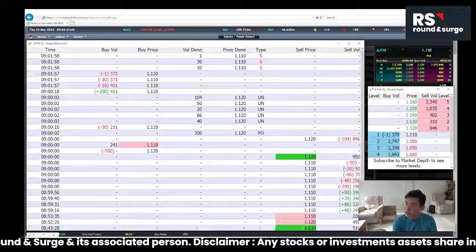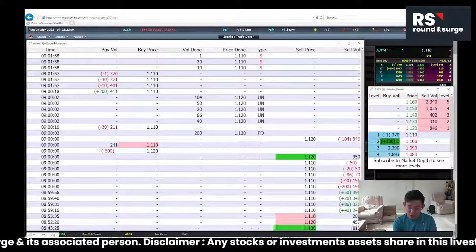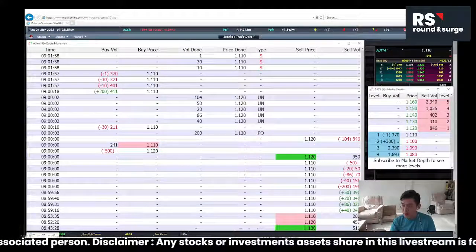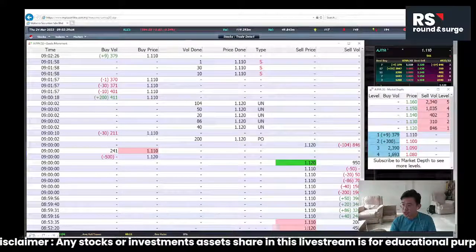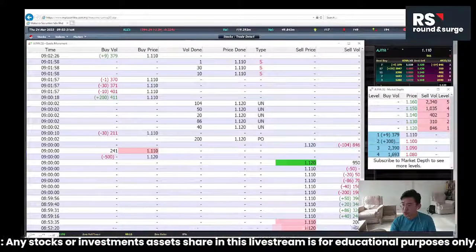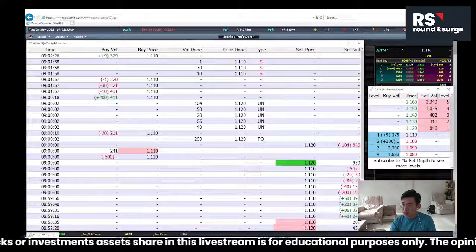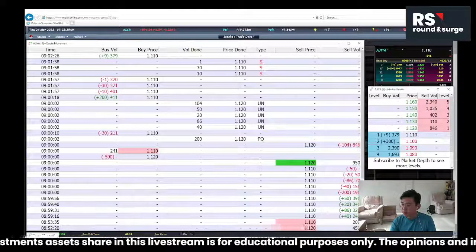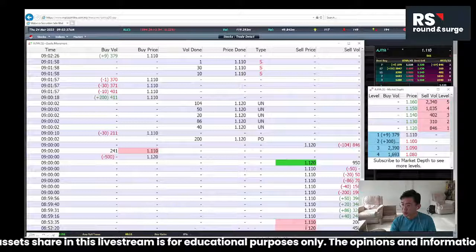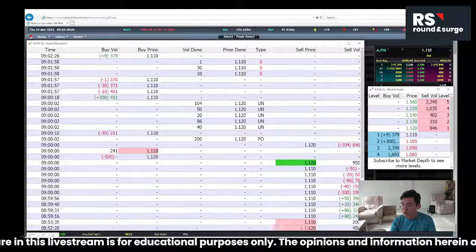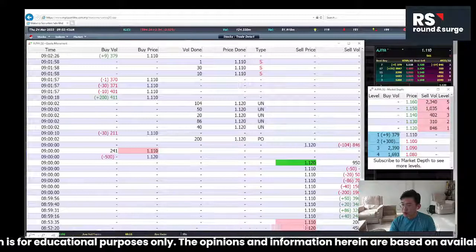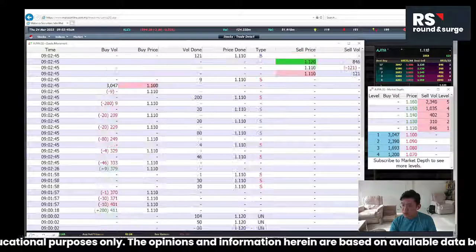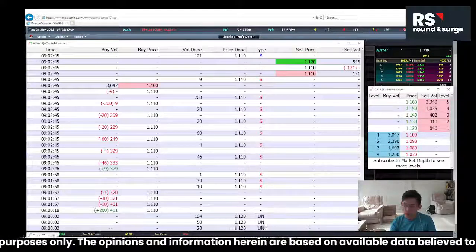If we don't get it at the market open, we have to wait for it. It's gonna take some time sometimes for them to move the price.